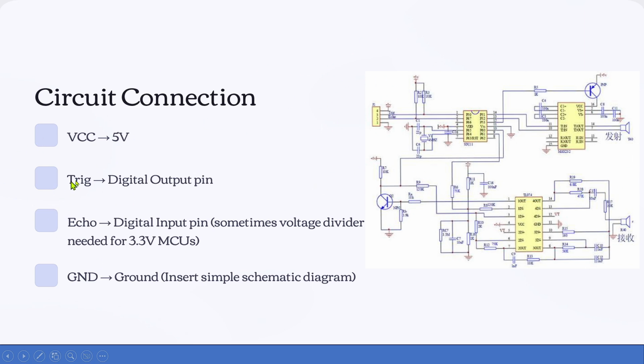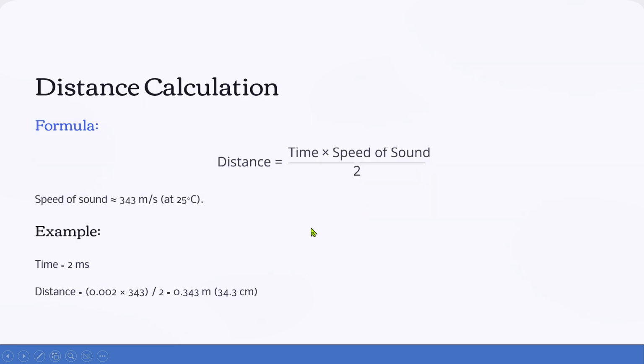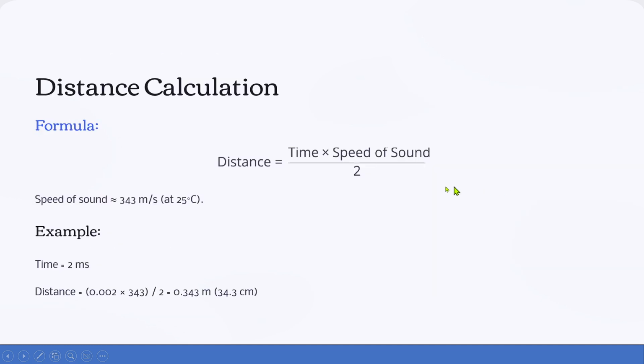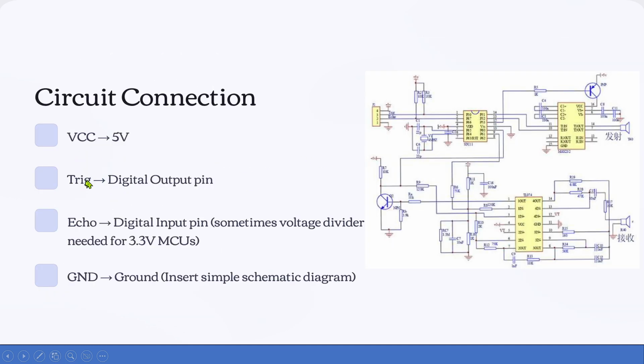And how it is working: trig is a digital output pin, echo means digital input pin. So here they have mentioned it wrong, I guess, in this diagram, because trig means digital output pin, that is going to create an output signal.